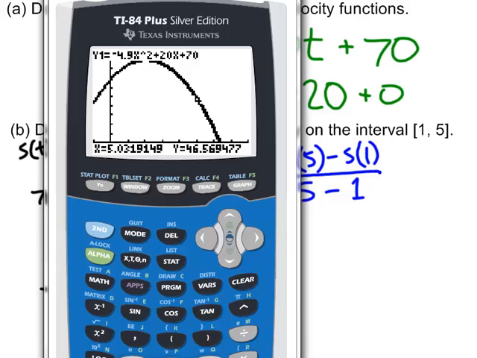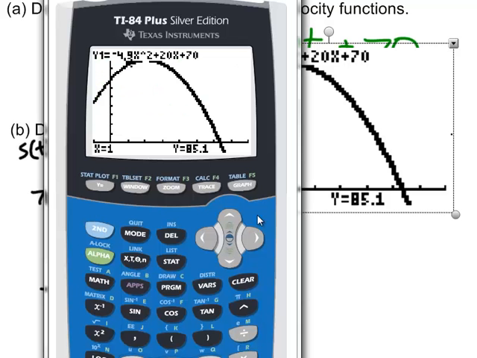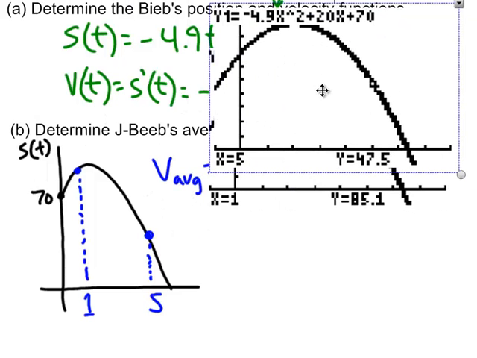If I trace to t equals 1, I see that the position is 85.1. If I trace to t equals 5, I see that the position is 47.5. Let me reflect that on my picture: this was 85.1, and this here was 47.5.